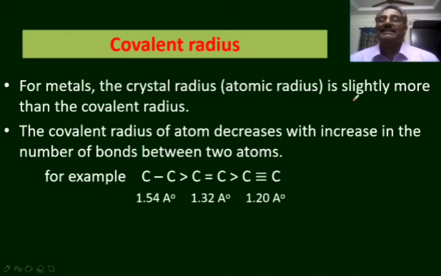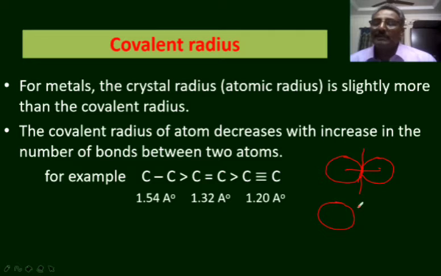For metals, the crystal radius is slightly more than the covalent radius. How is this crystal radius defined? In the definition of crystal radius, we considered that two atoms are just touched to each other. Suppose these are the nuclei. This is the distance between the two atoms and half of this distance is defined as crystal radius. Whereas in the case of covalent compound, some part of atom is overlapped between two atoms like this.